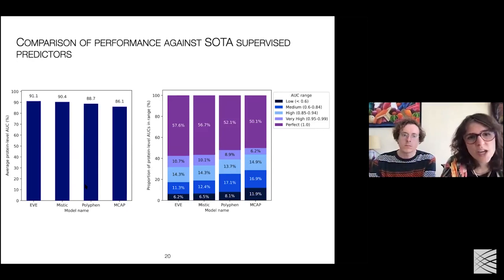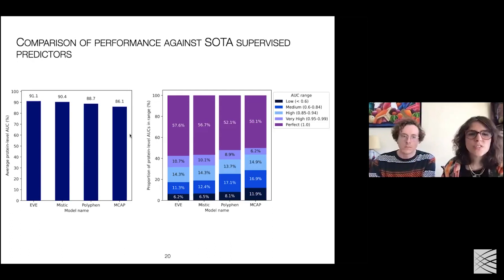So instead of trying to do that in a systematic way, what we decided to do was to compute upper bounds of the performance of these models. So basically we just computed AUCs for all variants, including the variants in their training. We didn't attempt to separate training and test.